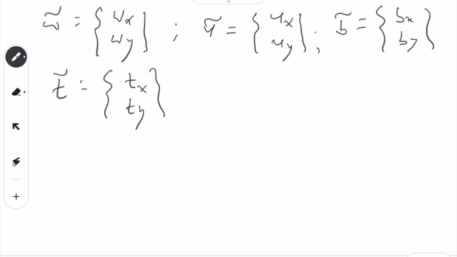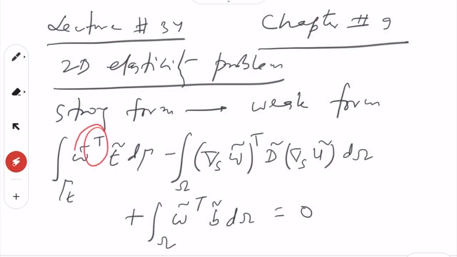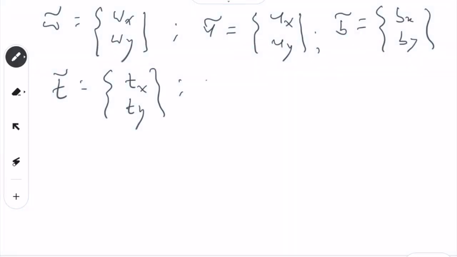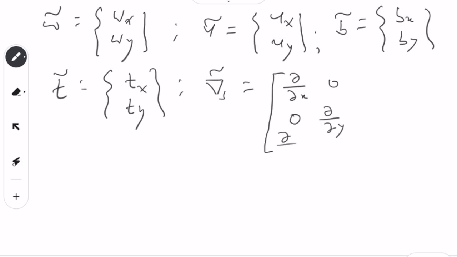Then del s is equal to the matrix with del over del x, 0, then 0, del over del y, then del over del y, del over del x.